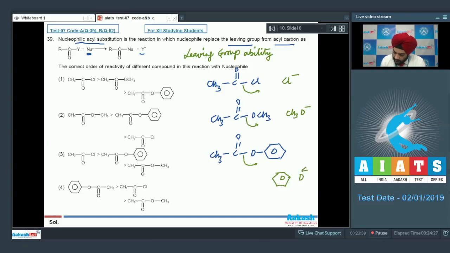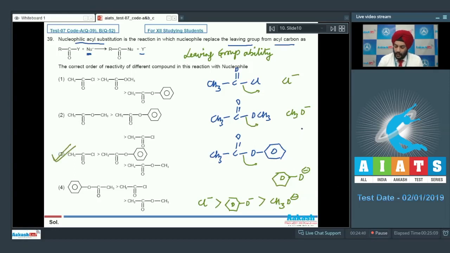If we talk about the stability of these three leaving groups, we can clearly see that Cl minus is the most stable among these species, followed by the phenoxide ion, which is resonance stabilized, and the least reactive will be the one containing the methoxide ion as the leaving group. So if we look at the options, we have to mark option 3 as the correct answer to this question.